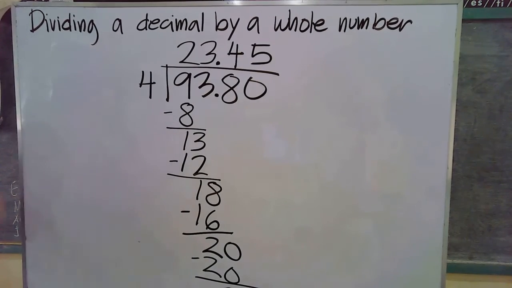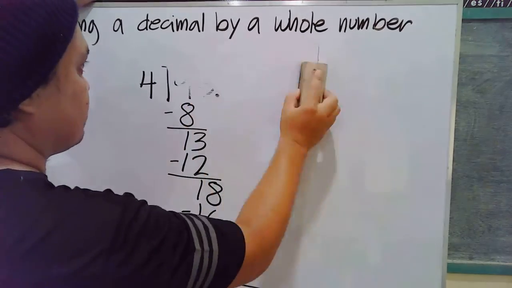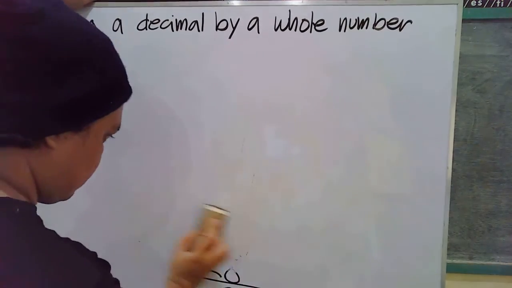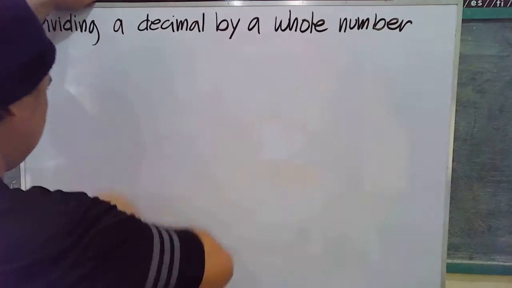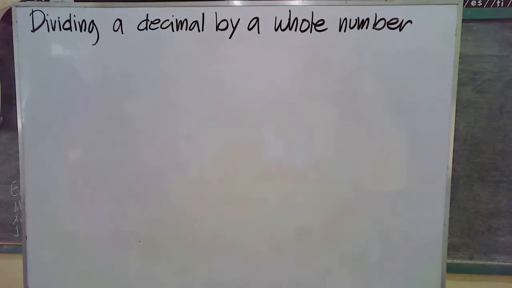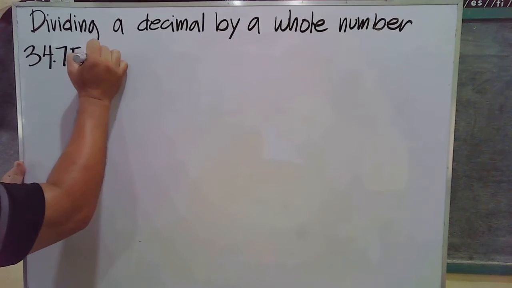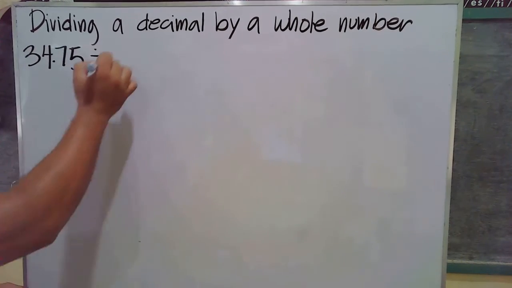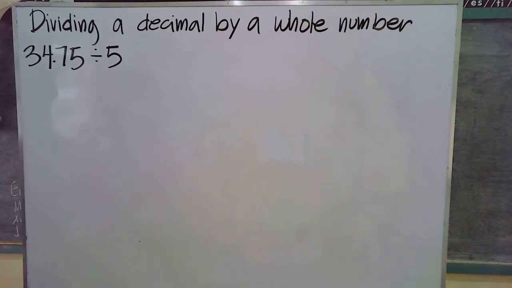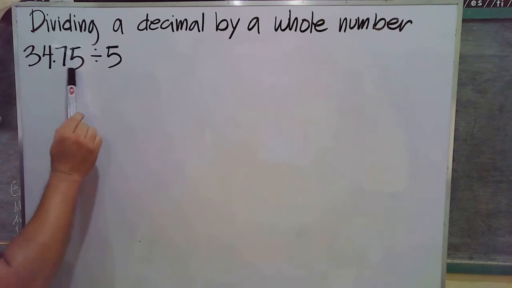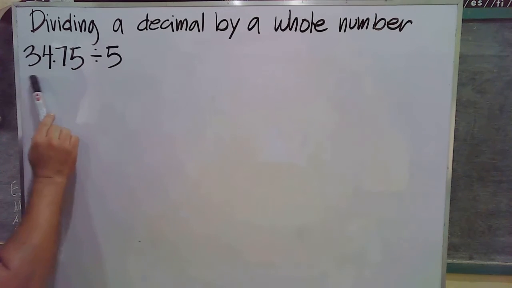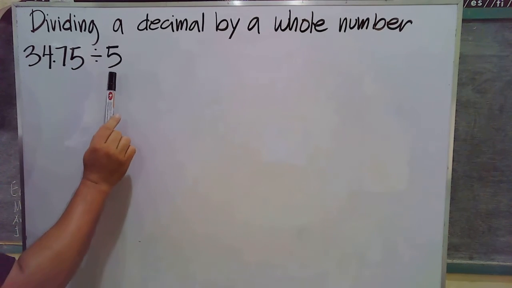Okay, so let's have some more examples. And it's 34.75 divided by 5. Okay, so 34.75 is a decimal number divided by a whole number.